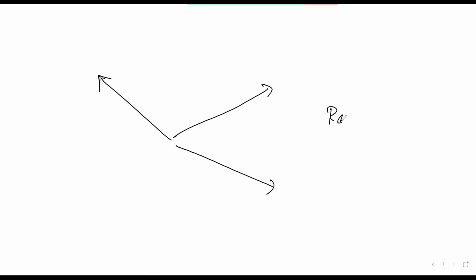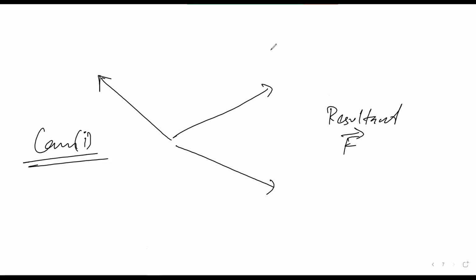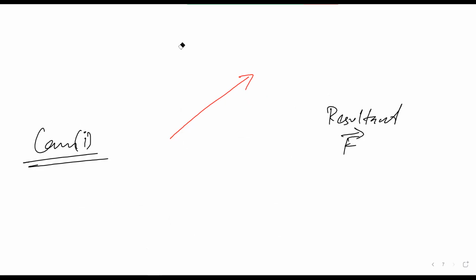You have to find the resultant. Resultant implies that there is some force. That was case 1. So these 3 forces can be replaced by a single force, which would be a resultant of the 3 forces. ये case 1 है. And then we did a case 2.